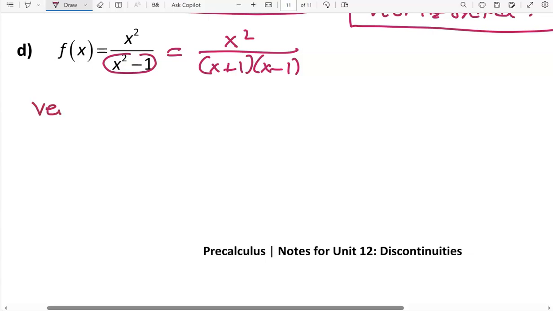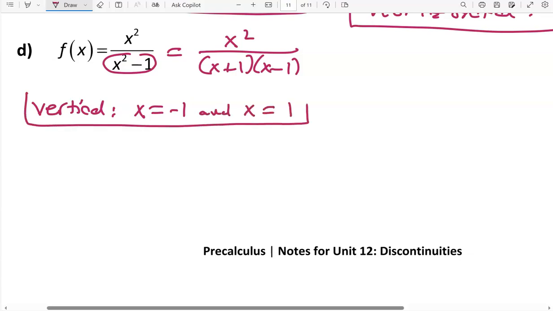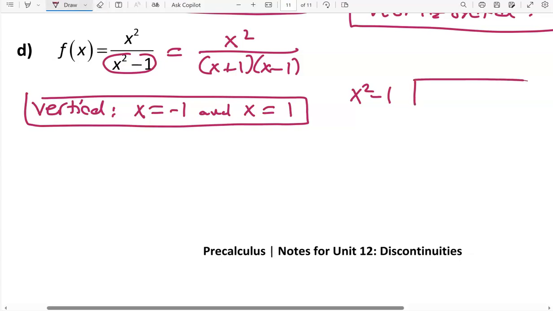So our vertical asymptotes, there are two for this graph, x equals -1 and x equals +1. Now doing the division, x squared minus 1 divided into x squared plus 0x plus 0.